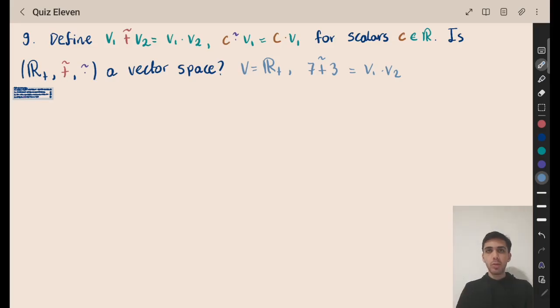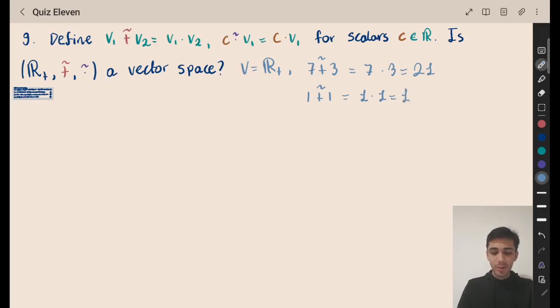So 7 plus 3, in this very specific addition, is actually 7 times 3. They lied to you when they said the answer was 10. You can very confidently say this now. Or if somebody tells you 1 plus 1 is 2, right? It's not. It's 1, in this vector space.